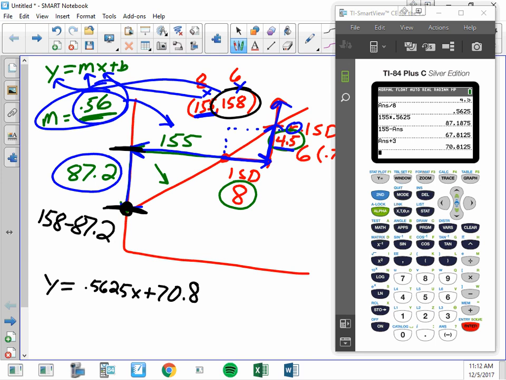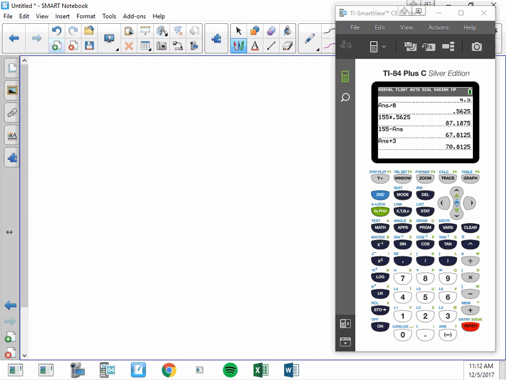Okay? All right. Now, the next question says, and let me point this out. This particular equation, is it y on x or x on y? Y on x. Y on x means we are graphing the y values using the x values.